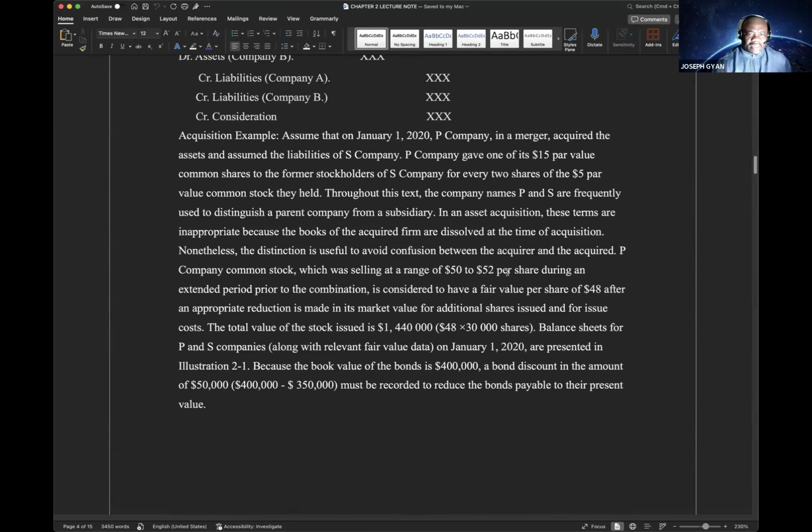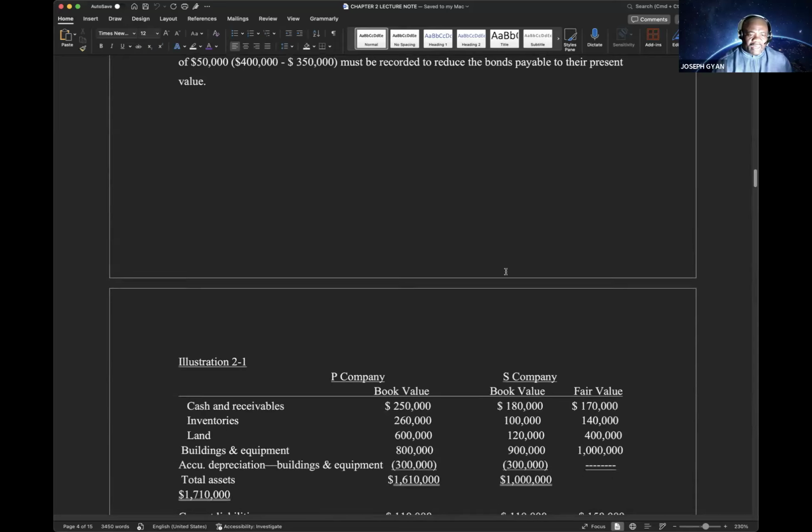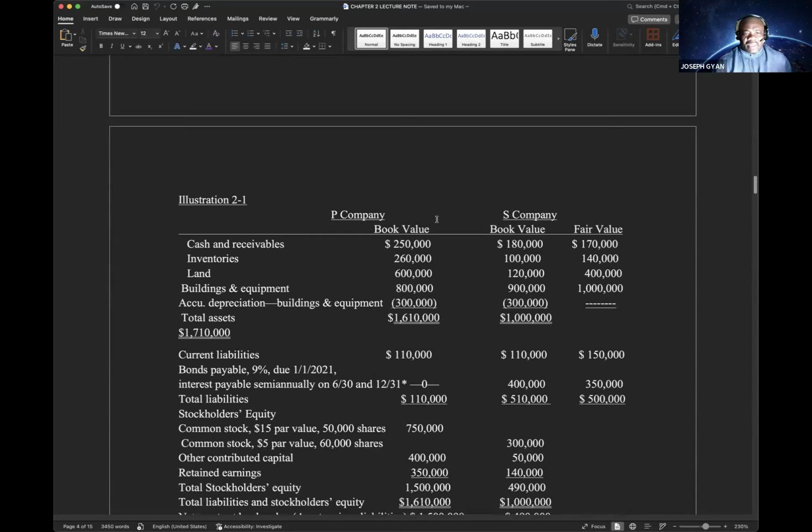So looking at example 1 that we have here, this is the balance sheet of both the parent company and also the subsidiary company before the acquisition, before the P company decided to buy the S company. Now, both of them have cash.